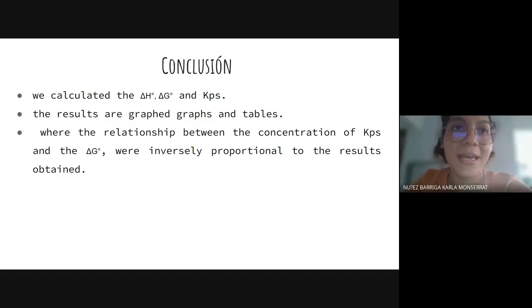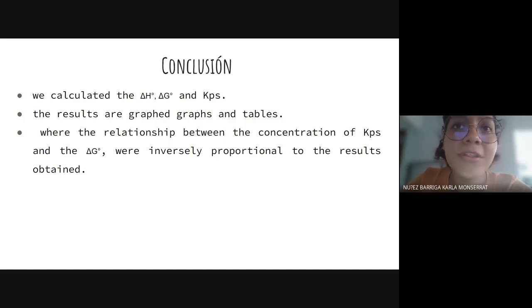Well, as a conclusion, we achieved our goal, which was to calculate the enthalpy variation, and also the Gibbs free energy and the dissolution constant, which is the KSP. We obtained as a result that the KSP calculated at 30 Celsius degrees has a value of 2.7568 times 10.